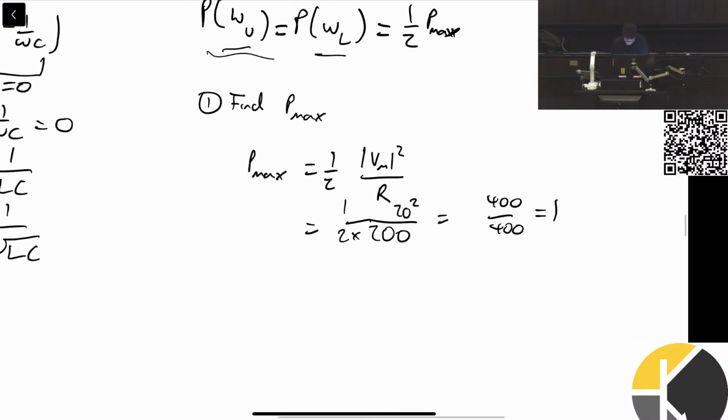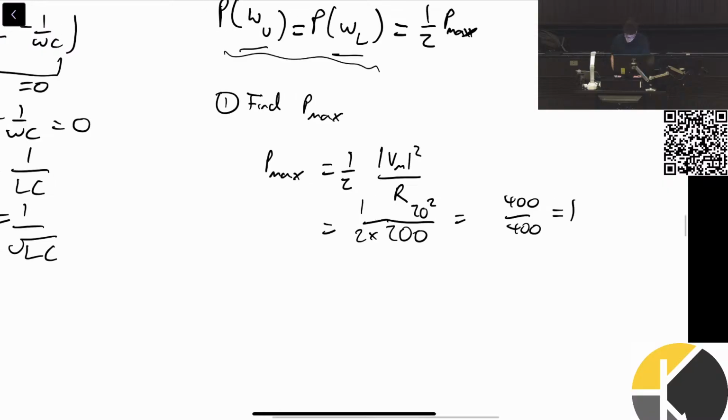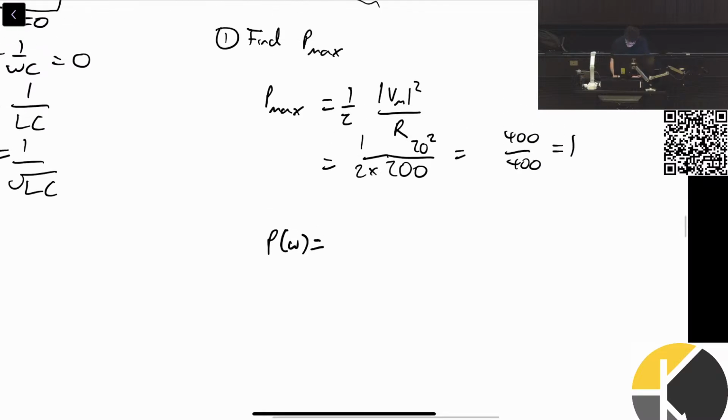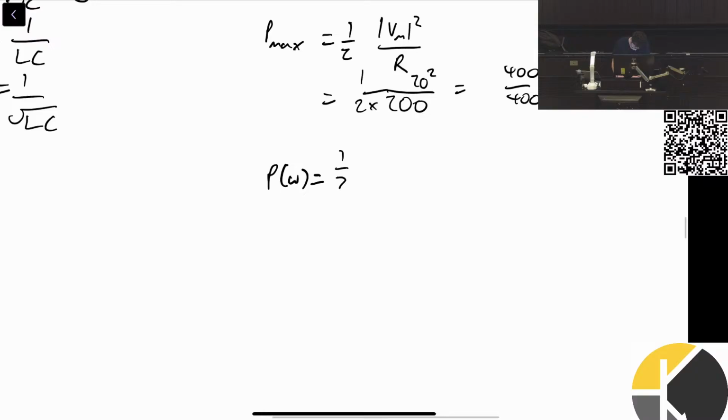Now we're going to solve this. The way we're going to do this is we are going to write an expression for power first. We're not going to be able to do it in terms of omega, because we have to solve for our omegas. So power is equal to, like we said before, the voltage squared, and instead we're going to divide by whatever the input impedance is.